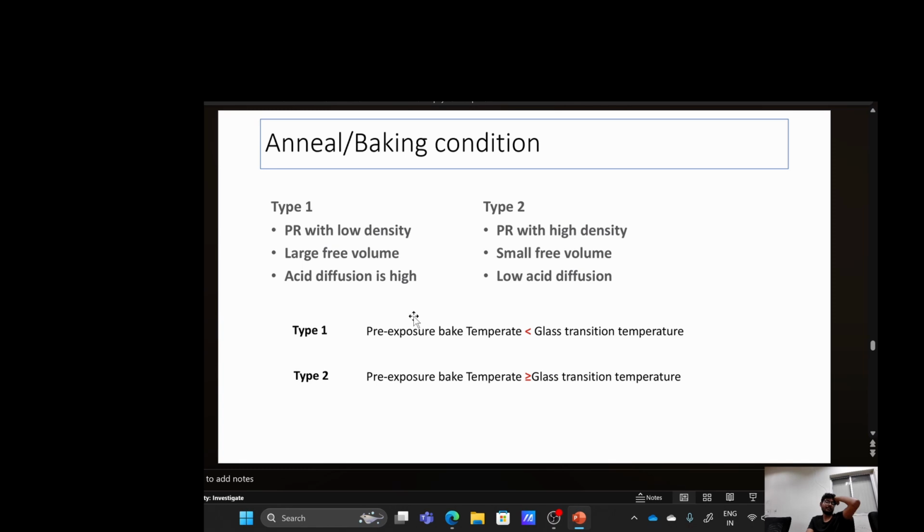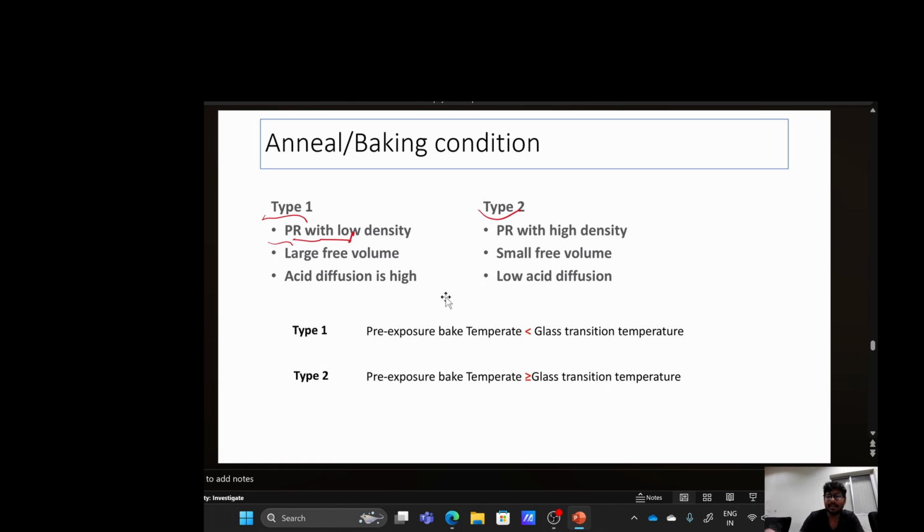Now, baking conditions or annealing conditions: there are two types of photoresist, type 1 and type 2. Type 1 is the low density photoresist. Low density means the chains are far apart from each other, so the free volume is large in this kind of photoresist after the spin coating.